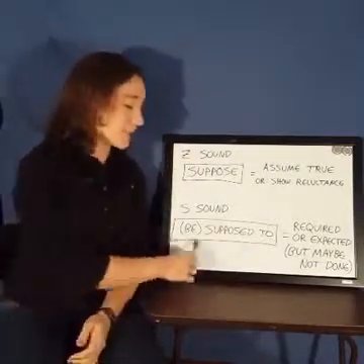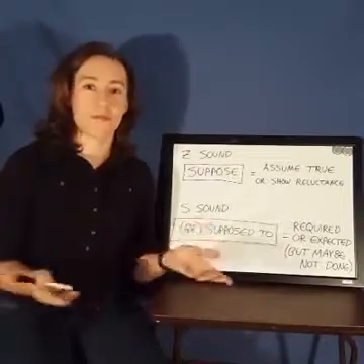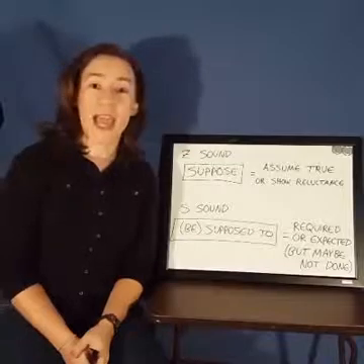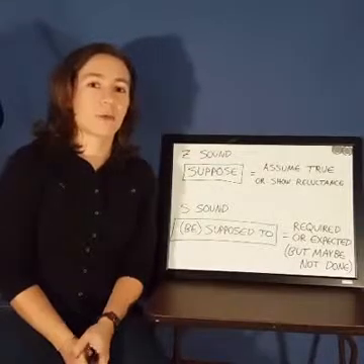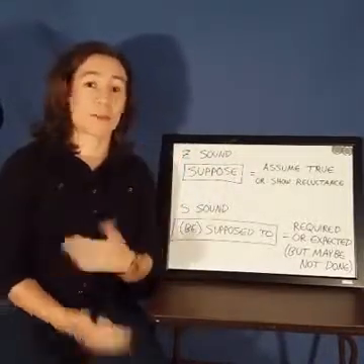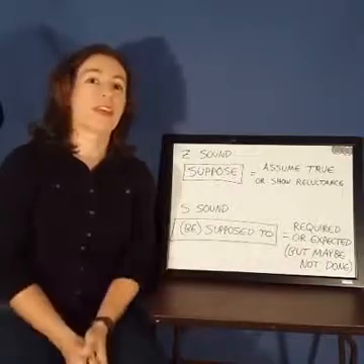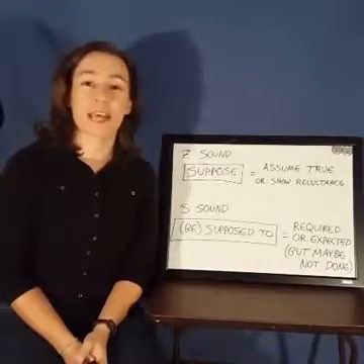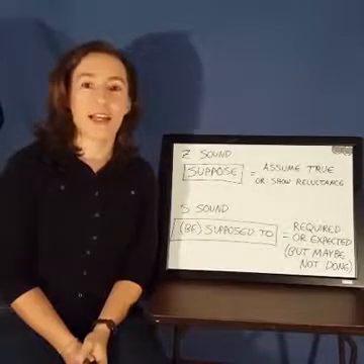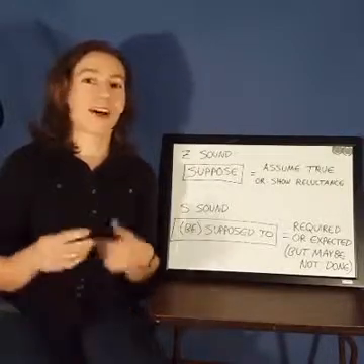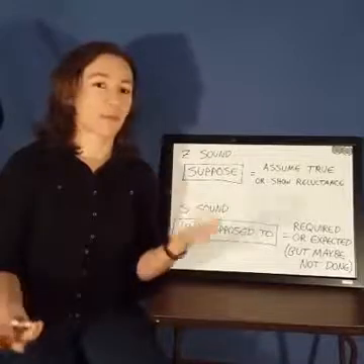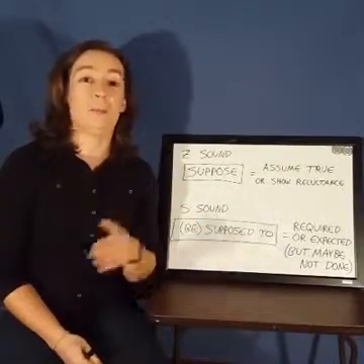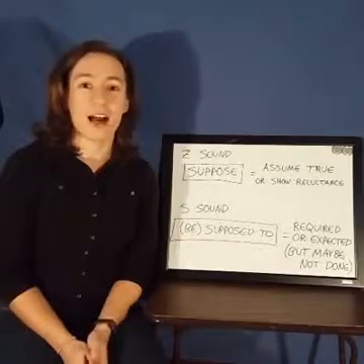Now we can use supposed to in the present, as in those two examples, or we can talk about in the past, things that were supposed to happen, but for some reason they didn't happen. For example, let's say I'm going to the airport and my flight leaves at 8 o'clock, but I got caught in traffic, or I had a problem, a delay. I got to the airport late and I missed my flight at 8 o'clock.